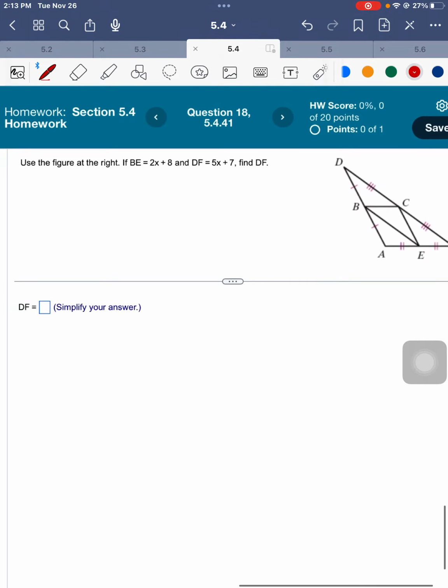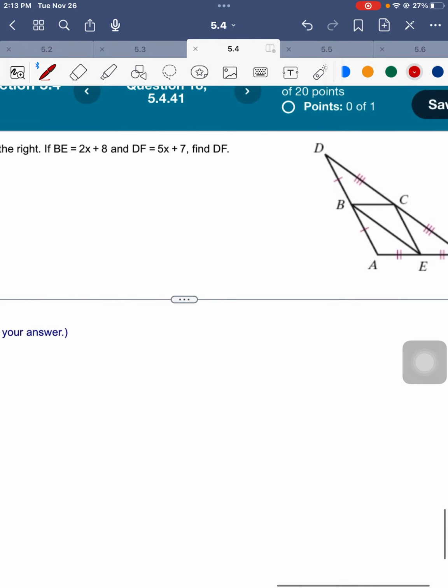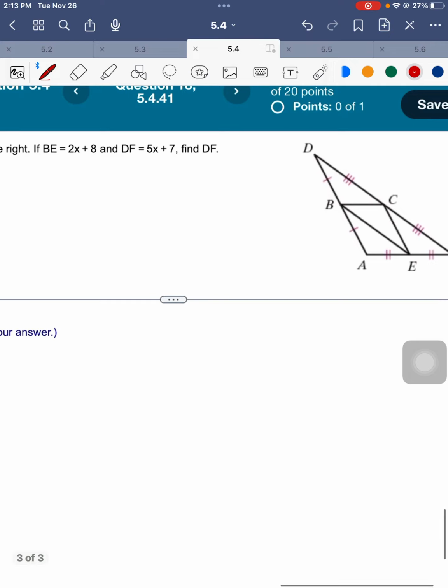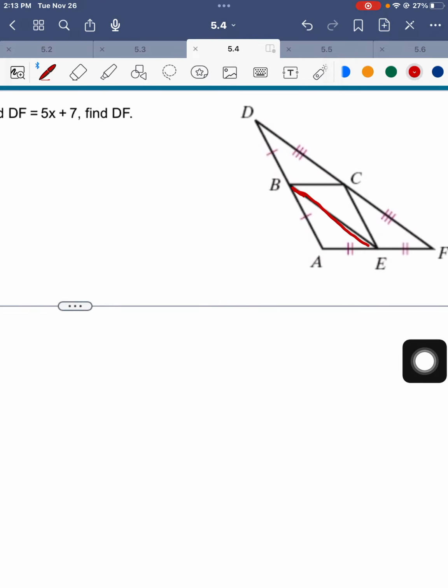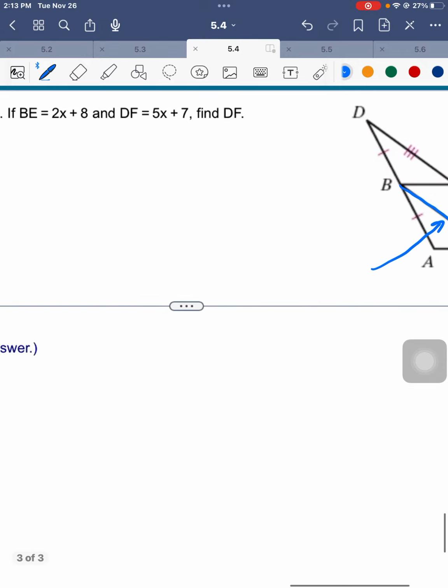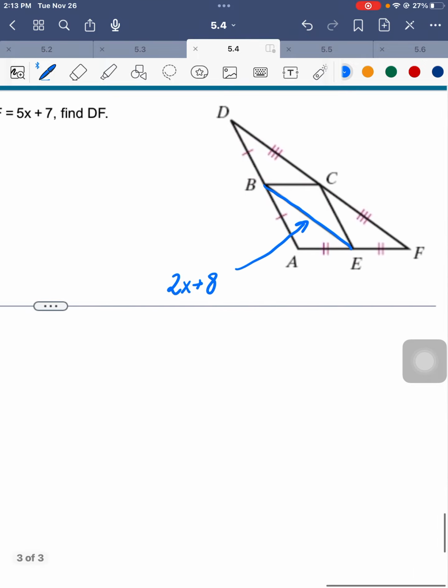So let's look at the figure to the right. I'll do it in blue, it's easier to see. BE is 2x plus 8, and DF, this whole thing right here, is 5x plus 7.